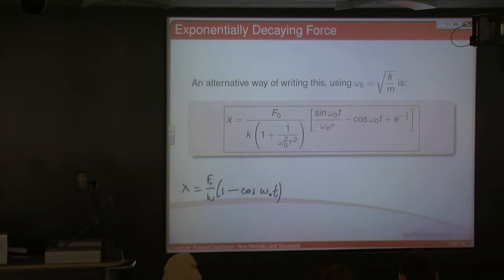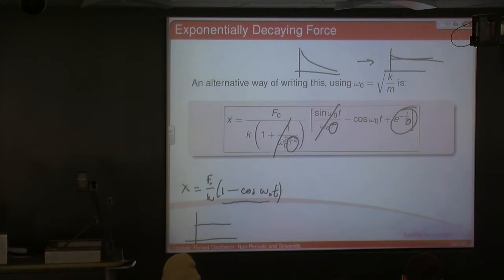And that was for a rectangular step forcing function where you've got basically that. Now here we've got a decaying exponential, which normally would look like that. But if tau is huge, you end up with something that looks a bit like that. If that term is big, that term disappears, and you end up with 1 here. You end up with 1 minus cosine omega naught t, which is this.